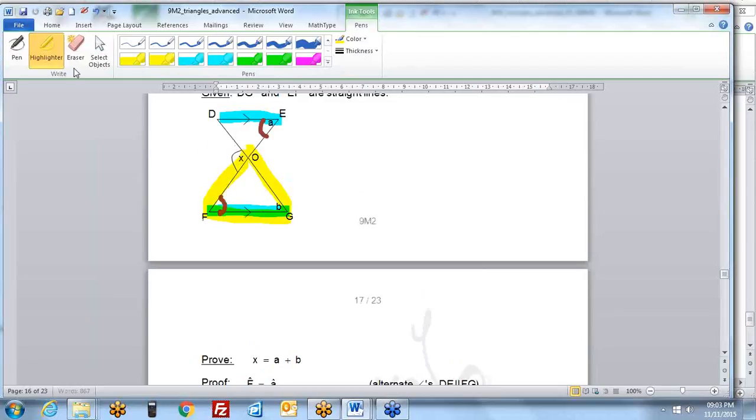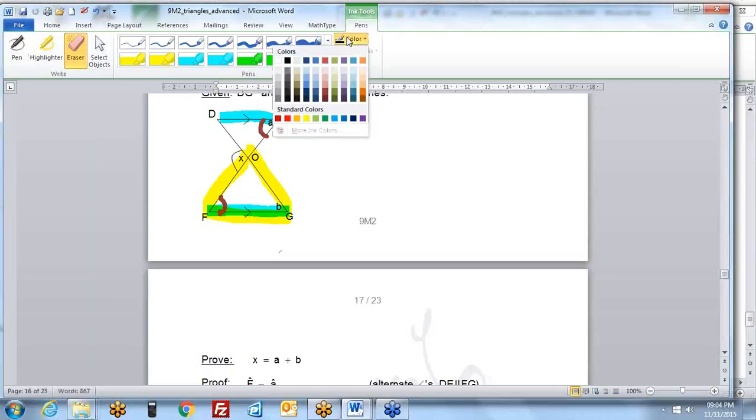So angle F, and I'm going to write small in it, an X, because that's what we just proved. Angle A here is the same size as angle F here at the bottom, so let's give it this exact same name there.